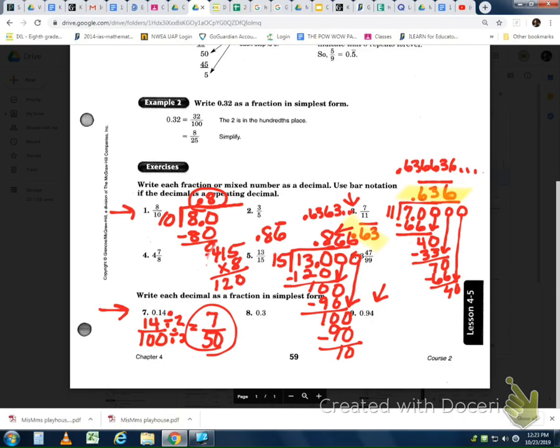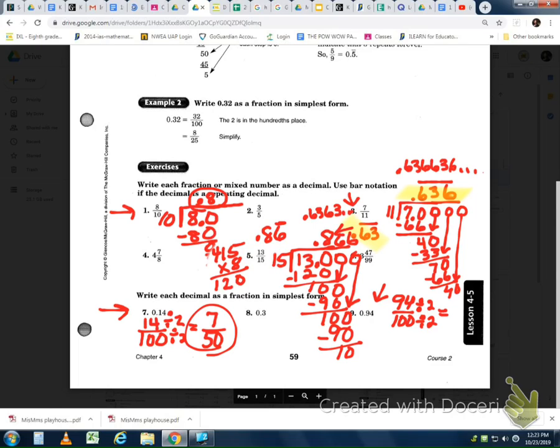Okay, last but not least, 0.94. Somebody give me that one as a fraction. 94 hundredths. What do we know for sure that'll come out of 94 hundredths, Irene? 2. Let's try 2 again. Okay. Anybody know what 94 divided by 2 is?